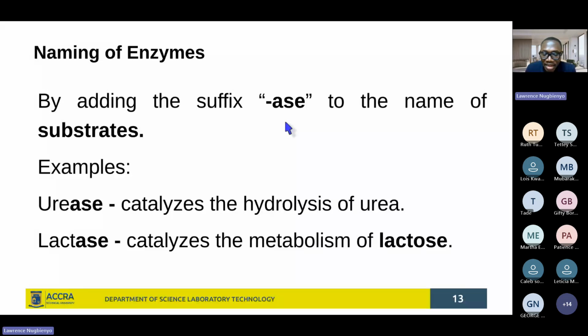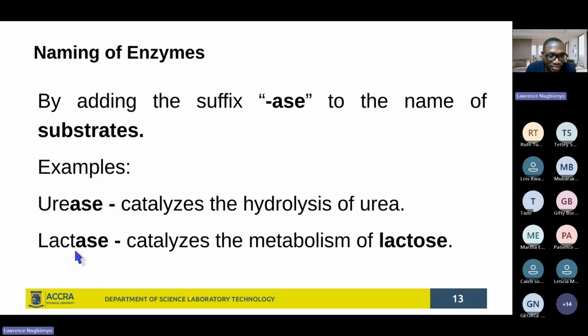For instance, an enzyme which acts on urea, the breakdown of urea, is called urease. So if you see the name of an enzyme, urease, it quickly tells you that that enzyme is involved in catalyzing a reaction of the substrate urea, the breakdown of urea.